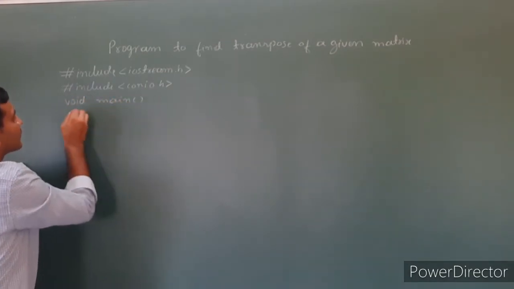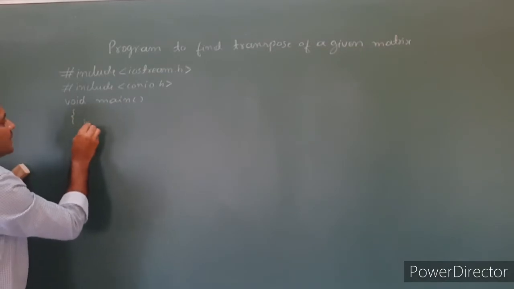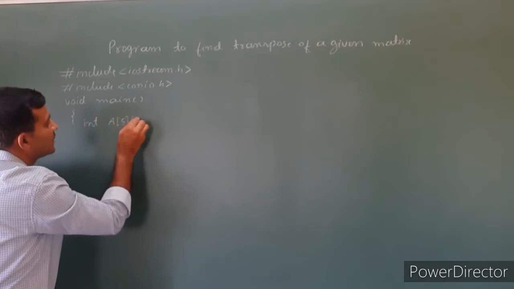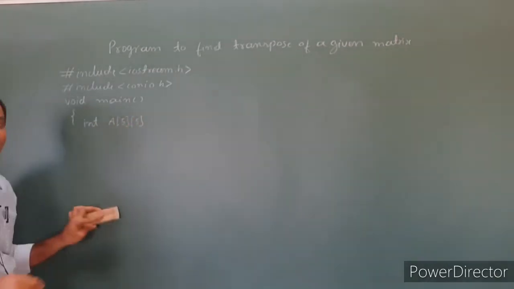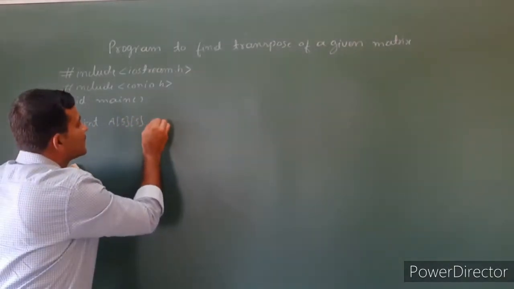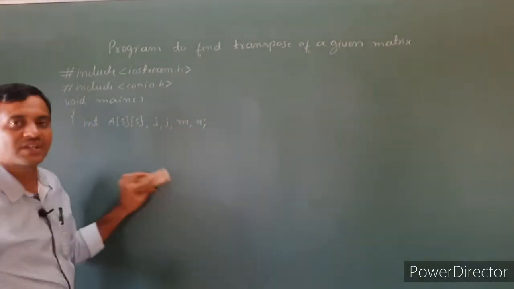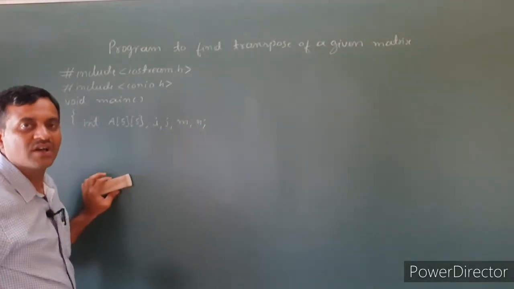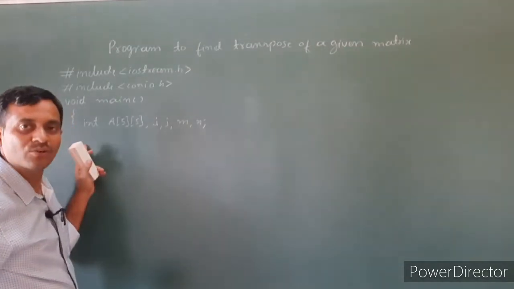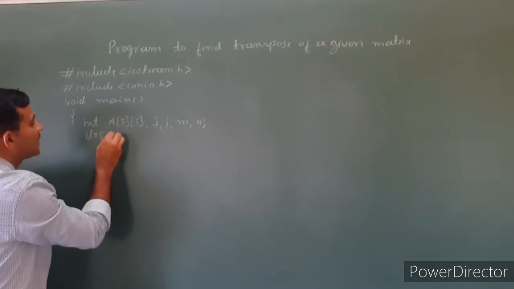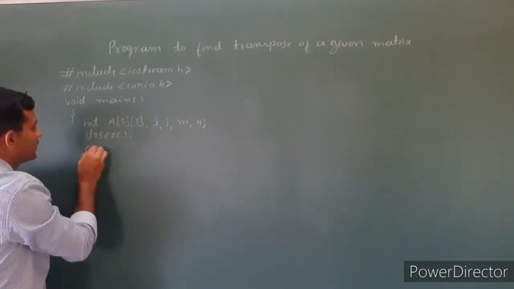Under that we declare an integer two-dimensional array a, with index values 5 5. Then it needs i, j, and the order m, n. So these are the required variables. All variables are declared in the local variable section. Then the function clrscr to clear the screen.